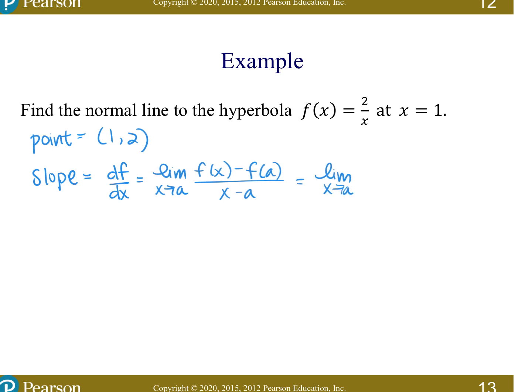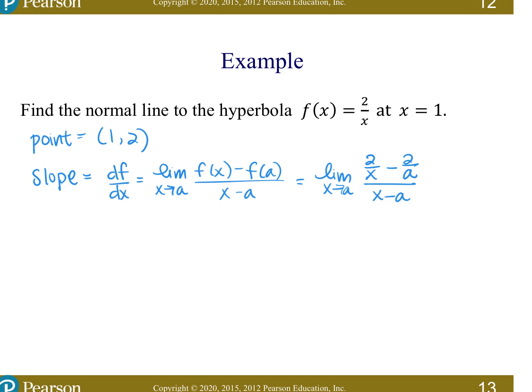So then we have f of x, which is 2 over x, minus f of a, which is 2 over a, all over x minus a. Right now, if I plug in a, I'm going to get 0 over 0, which means I must be able to do some kind of FOIL, factor, common denominator, or reduce.